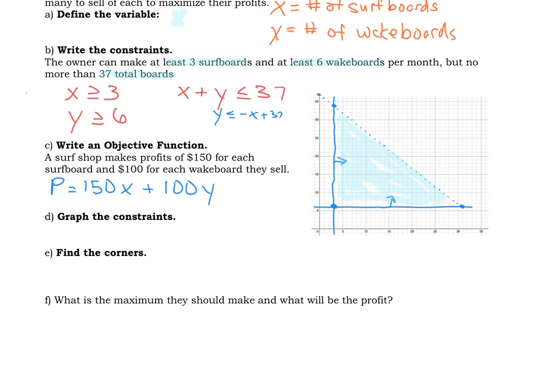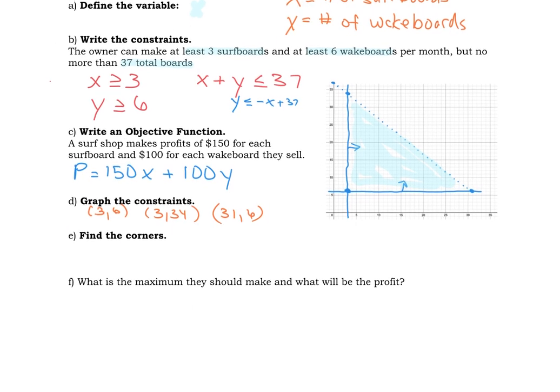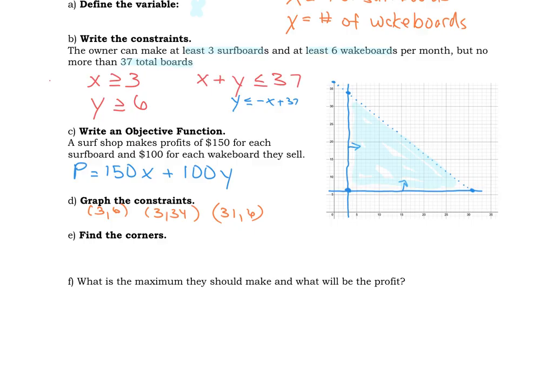Okay, so now I'm going to list my corners because I've graphed them. I've got (3, 6), (3, 34), and (31, 6). Notice that they aren't going to be above the 37. Sorry, those were the corners. I put them in the wrong place.